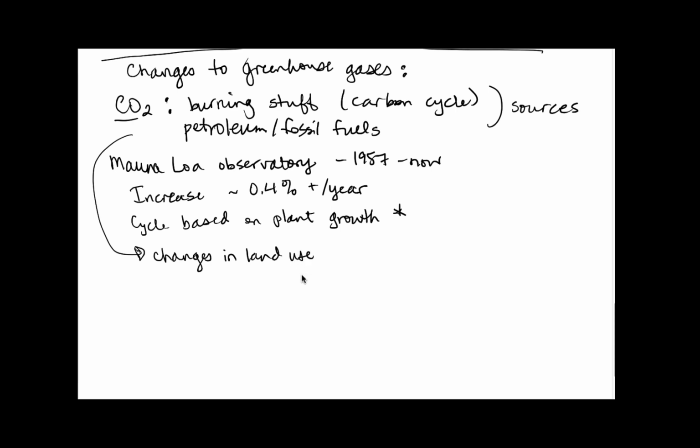So converting forest land into parking lots, for example, is going to decrease the ability of that land to absorb carbon dioxide. So changes in land use is one of our additional lack of sinks.